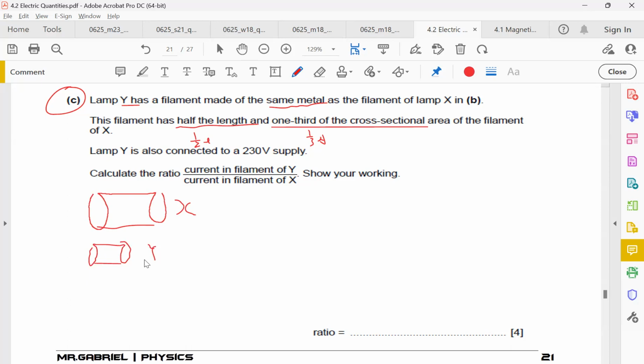You have to imagine it because my drawing isn't great. And it says it's also connected to 230 volts. 230 volts here, and this one is also 230 volts.